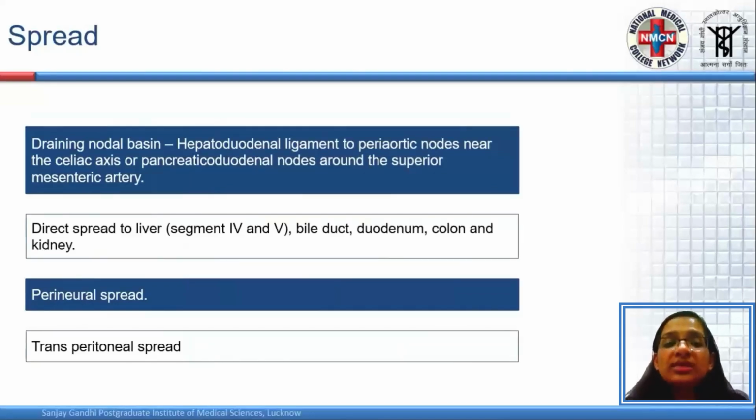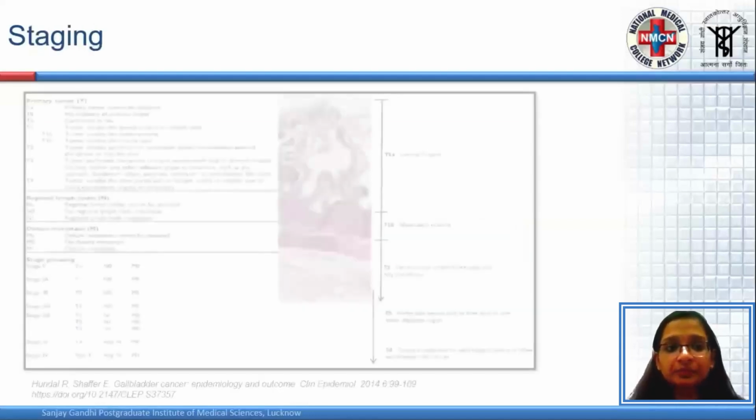The draining nodal basin includes the hepatoduodenal ligament, which goes to periaortic nodes near the celiac axis or pancreaticoduodenal nodes down the superior mesenteric arteries. It may sometimes spread directly to the liver through segments 4 and 5, bile duct, duodenum, colon, and kidney. It may also spread via the perineural region, or there could be transperitoneal spread as well.